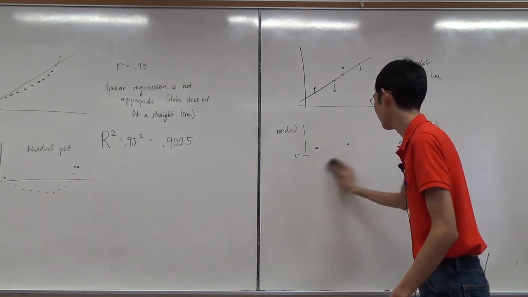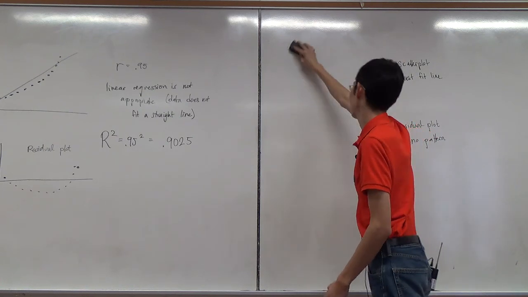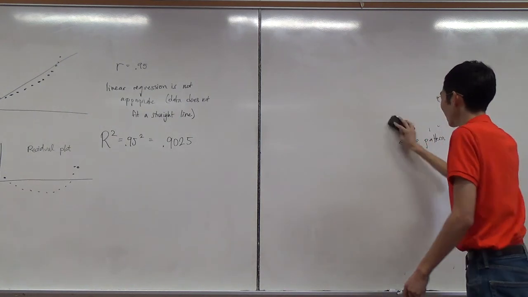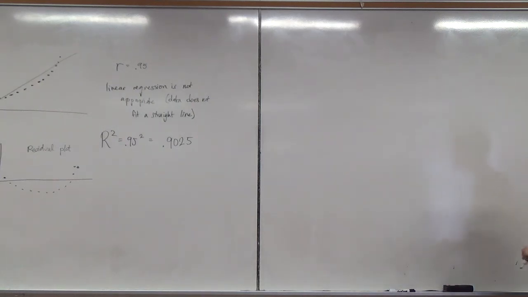Chapter 9 in the book is called Regression Wisdom, and it's all about things to be careful about, okay? Because regression is a very useful tool.